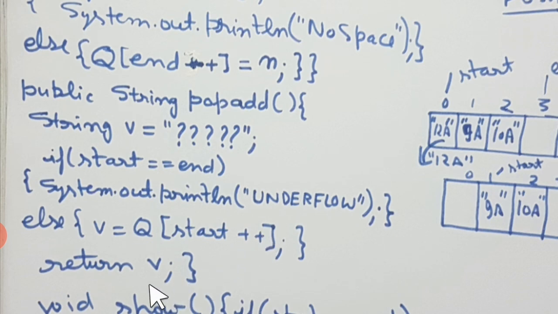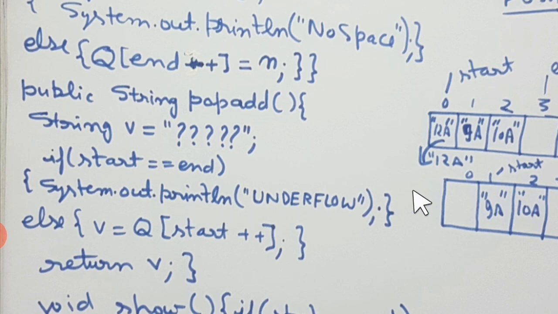And finally return V. So whatever value V gets will be returned. The basic idea is that I have to remove the data from the queue, or pop what is there in the diary at the front end, which is called start.